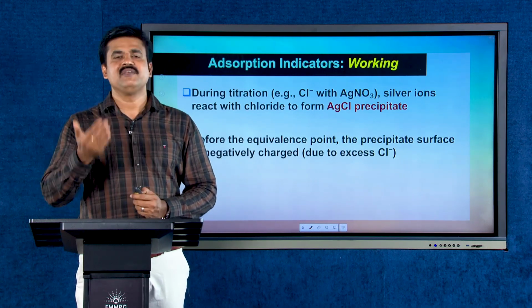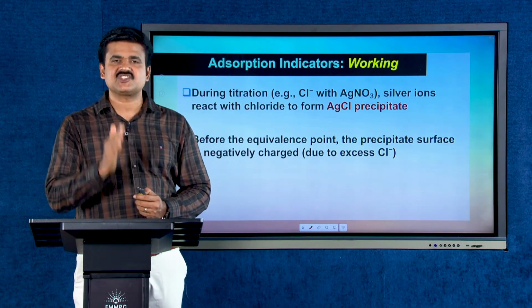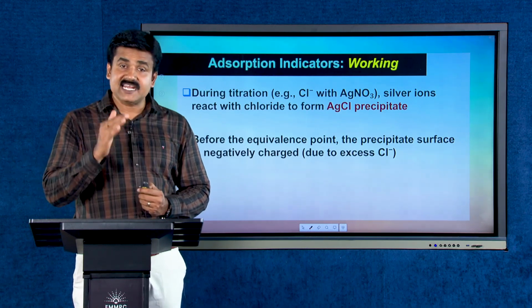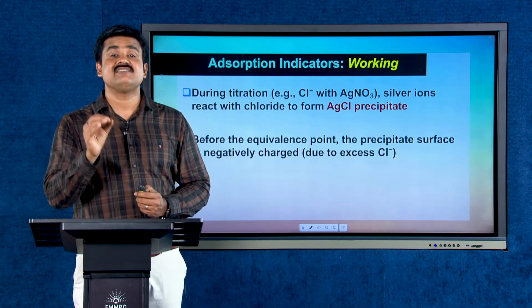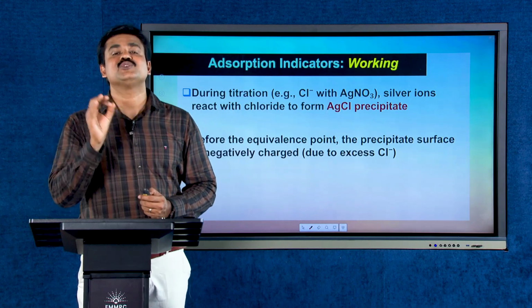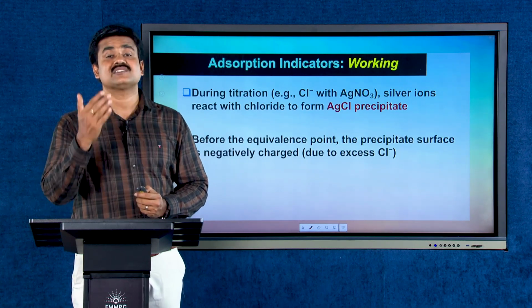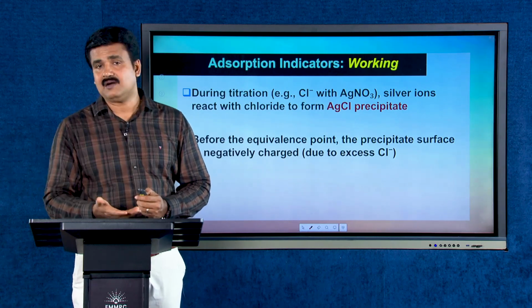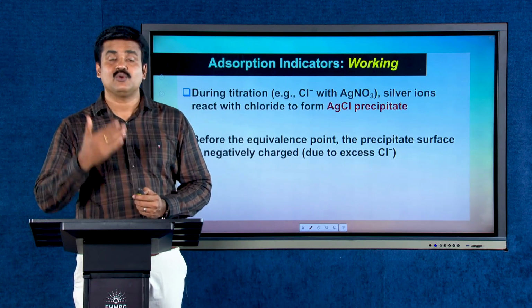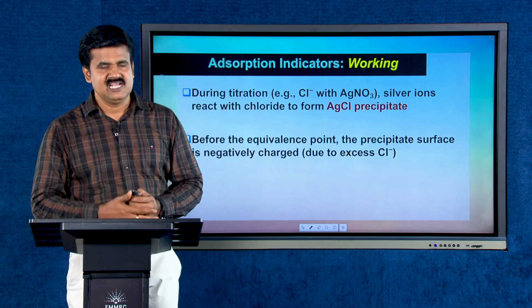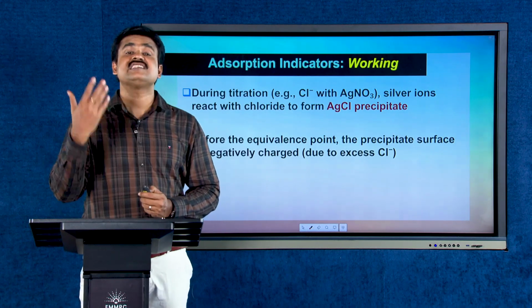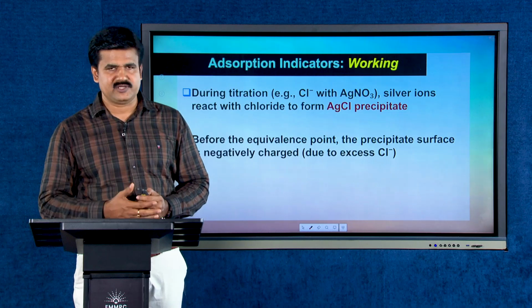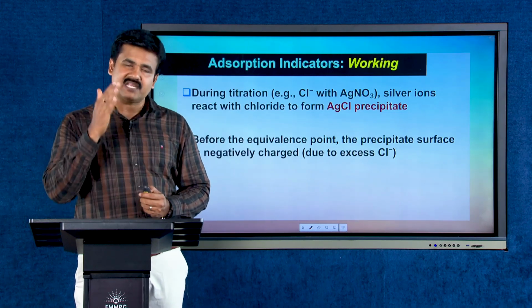So, before the end point of the reaction between Cl- and the Ag+ ions, the obtained AgCl precipitate is negatively charged due to the presence of Cl- ions in the medium. Now we have to think what happened at the end point or after the end point. It is clear that all the Cl- ions are converted to AgCl at the end point.